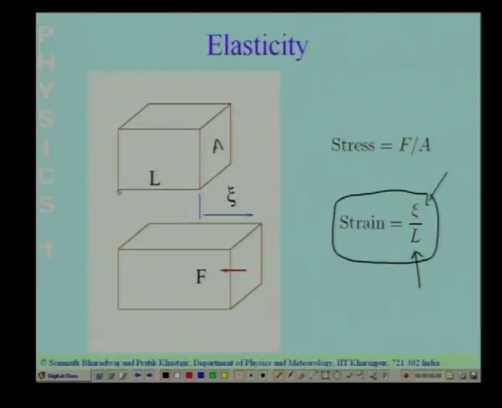So, the original length of this elastic substance was L, it has got deformed, we have pulled it so as to make its length larger, and the amount by which the length has got elongated is xi. The ratio of the deformation xi divided by the length is referred to as the strain. And if you elongate an elastic substance by pulling it, a force will develop which will oppose the elongation.